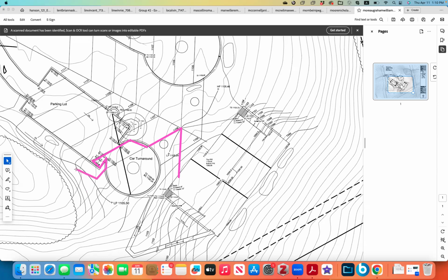And I think this needs to go up there. And you have a 105 somewhere here. And this is your swale. Your 106 is over here. So your 105 should be something like this. Okay, that's your 105.